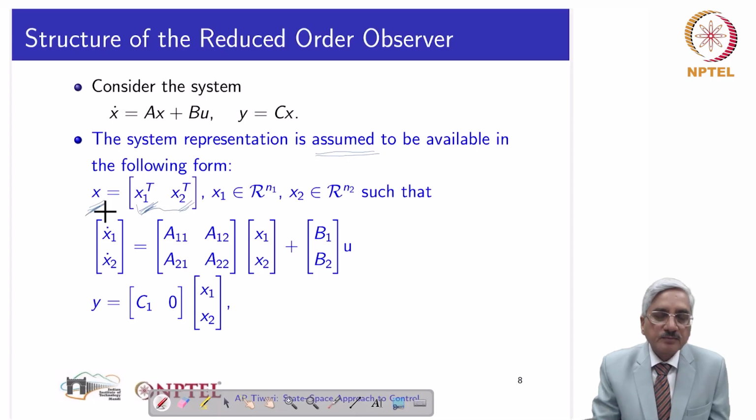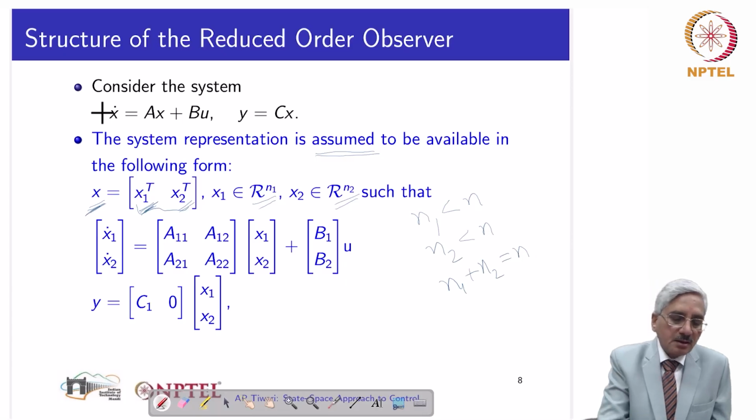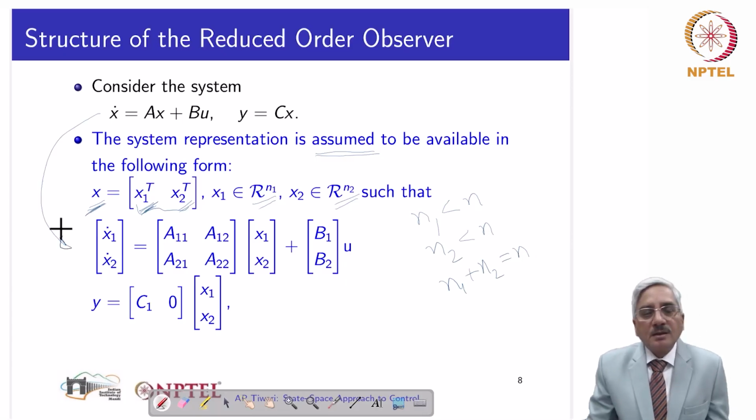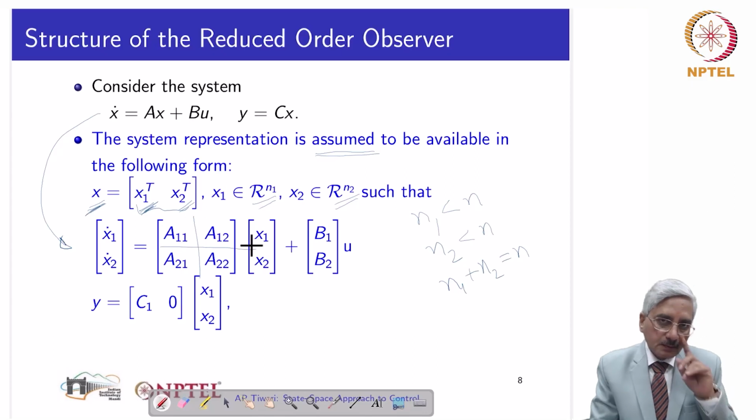Together they make x. So x1 is of order n1 and x2 is of order n2. Both n1 and n2 are less than n, however they add up to make n. So we assume that the dynamics is available in this decomposed form.